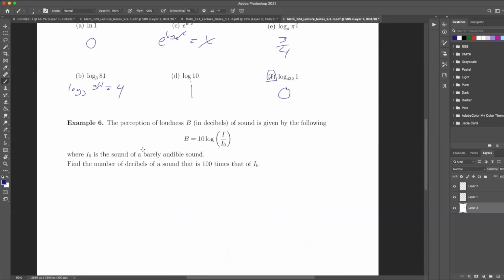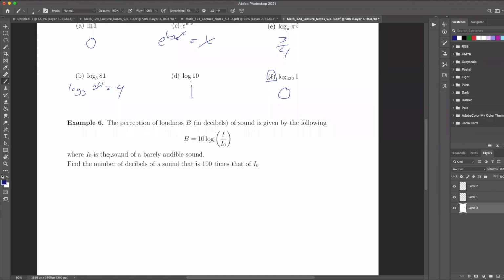All right, so let me just do something. Perception of loudness is measured in decibels, which is given by the following: 10 times the log base 10 of I over I naught, where I is the quote-unquote loudness and I naught is the intensity of a barely audible sound.